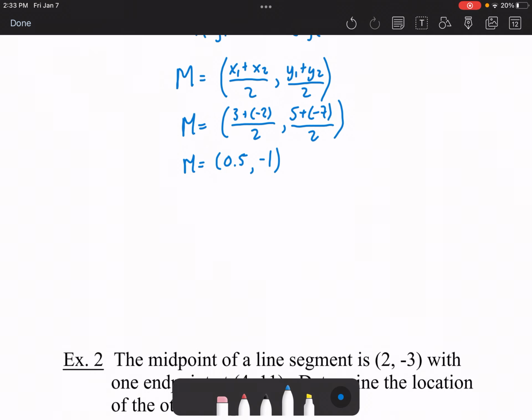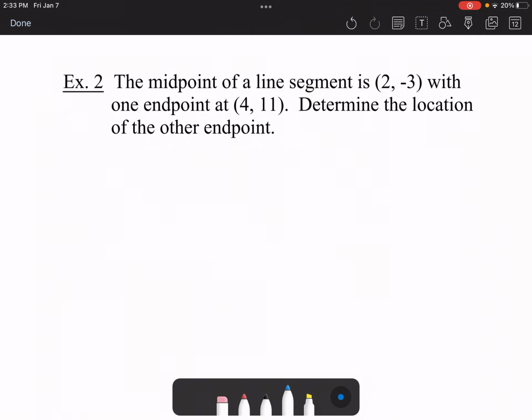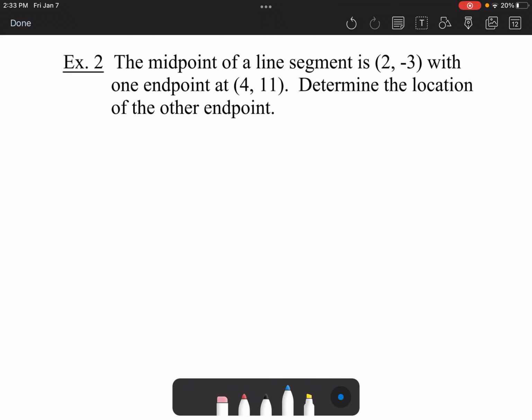Okay, let's take an application of this problem. The midpoint of a line segment is given by the point 2, negative 3, with one of the endpoints at 4 and 11. What we need to do is determine the location of the other endpoint. So this is going to be x1, y1, and this is going to be the equation of the midpoint.